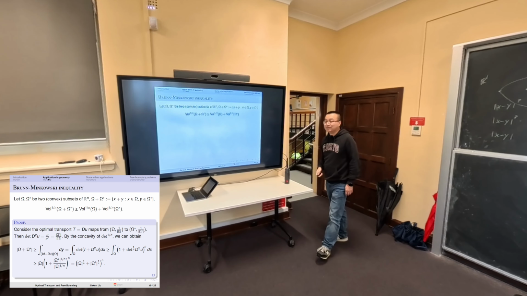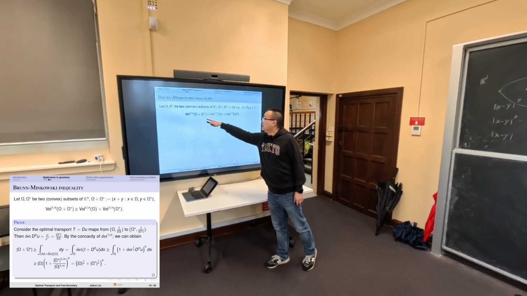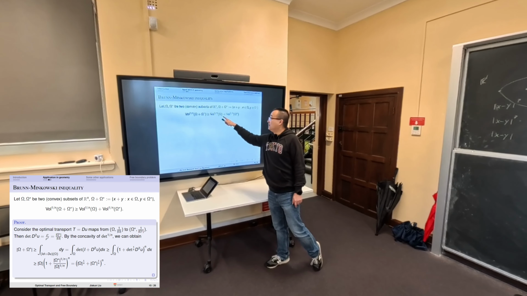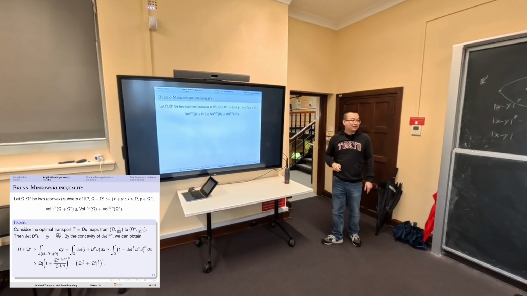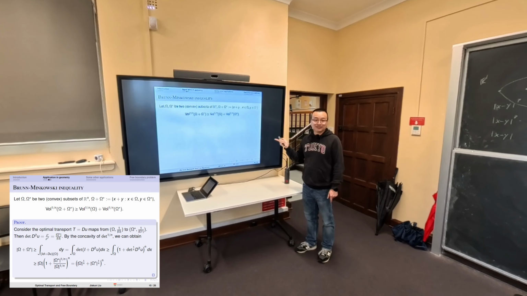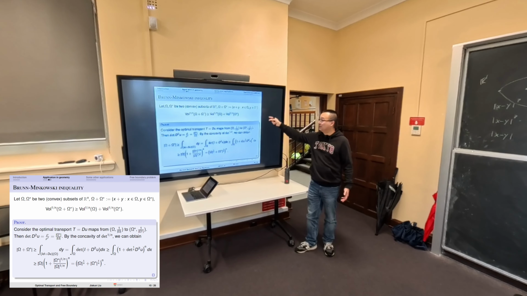So that's a sum. The Brunn-Minkowski inequality tells us the nth root of the volume of the sum is always bigger than or equal to the nth root of the volume of omega plus the nth root of the volume of omega star. That means the nth root of the volume is a concave function.